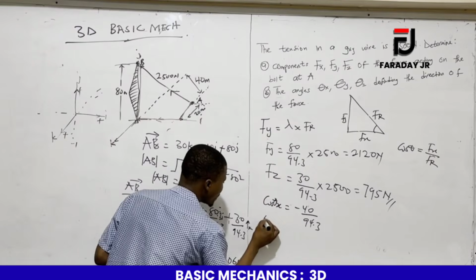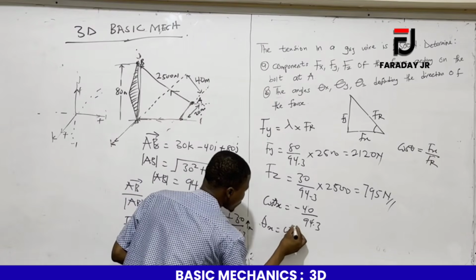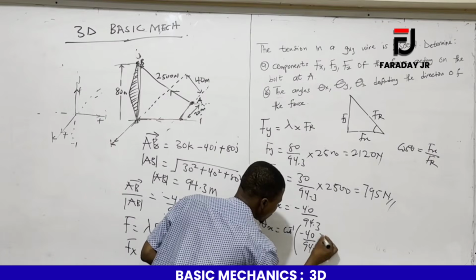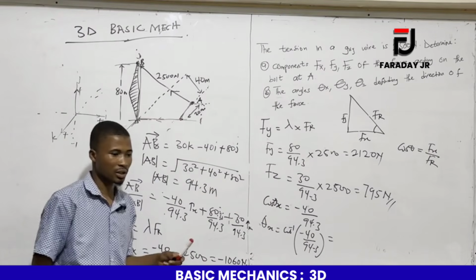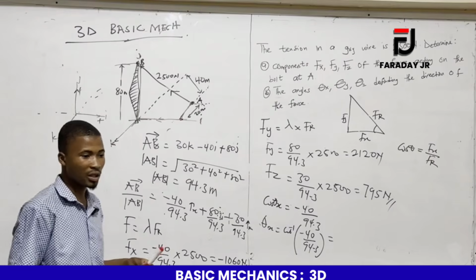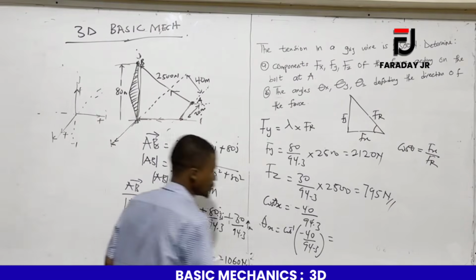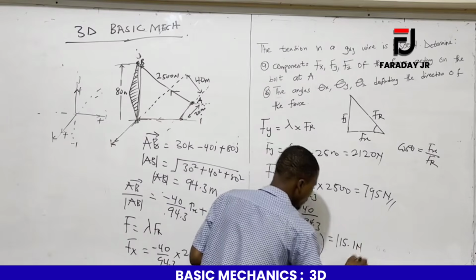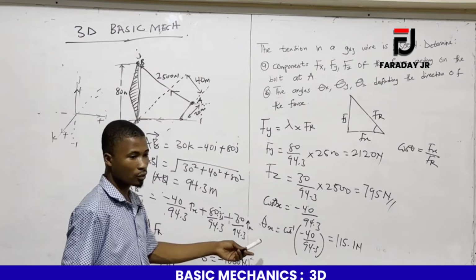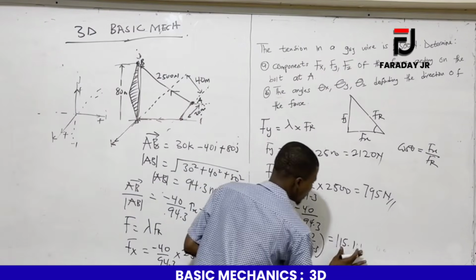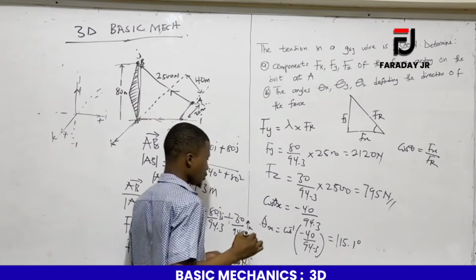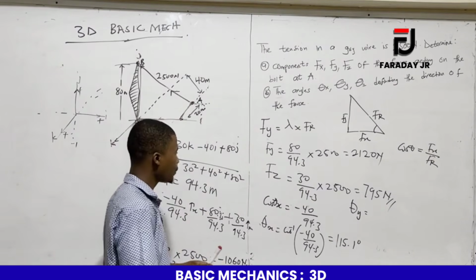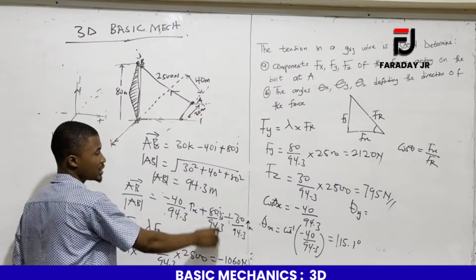So it means that our theta x will be equal to cos inverse of minus 40 over 94.3, and that will give us 115.1 degrees. Now let's look for theta y. We go to the y plane and pick the unit vector.